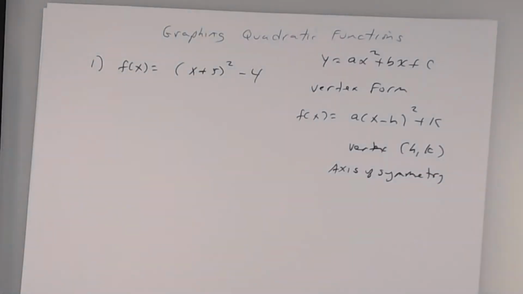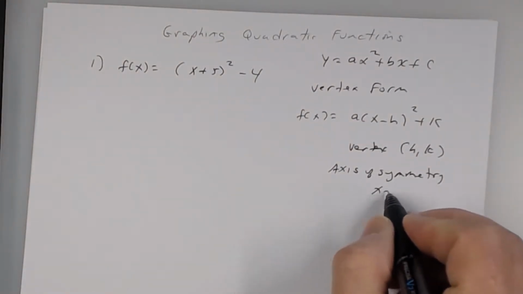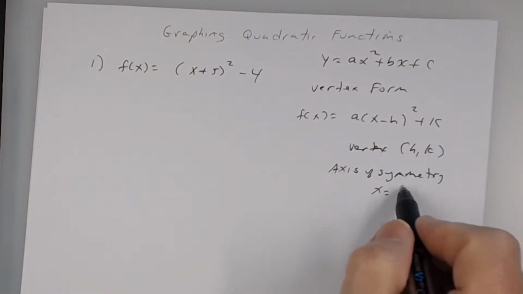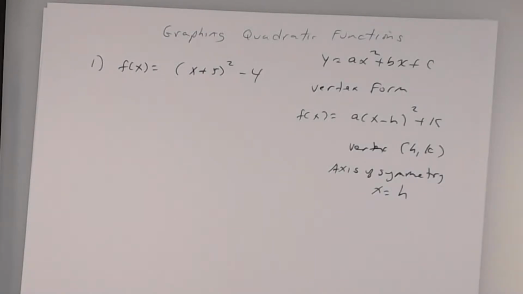Now, the axis of symmetry is a line, so you have to name it as a line. And what kind of line is it? It's a vertical line. And so how do you name a vertical line? X equal. Very good. So what is your axis of symmetry? Is x equal what here? H. X equal h. All right.